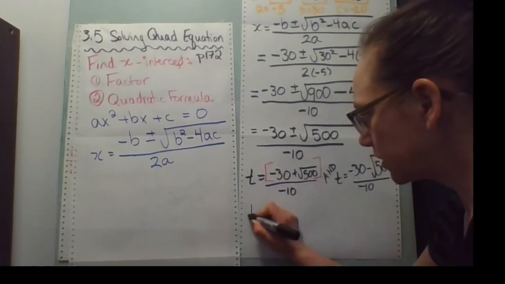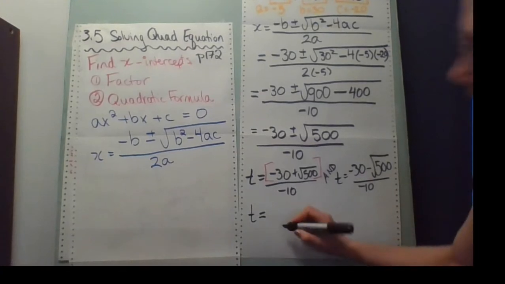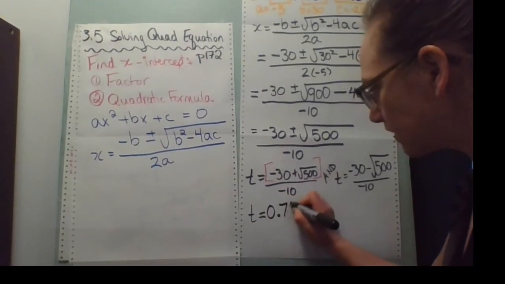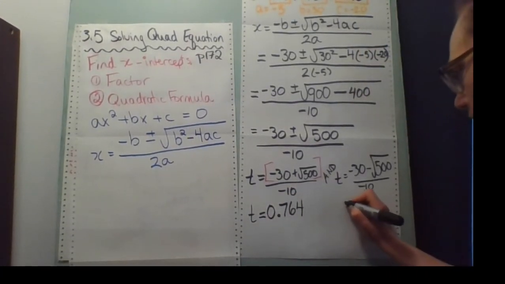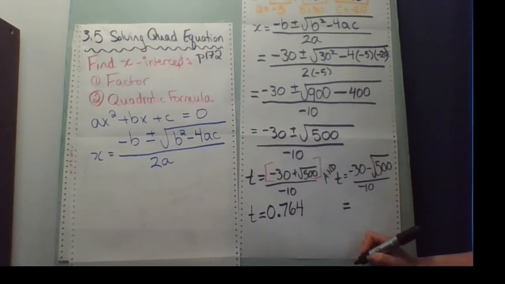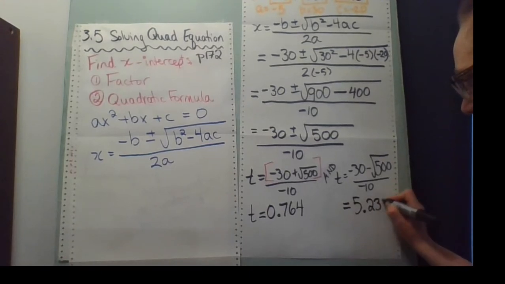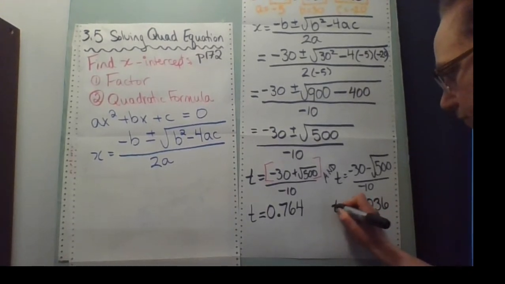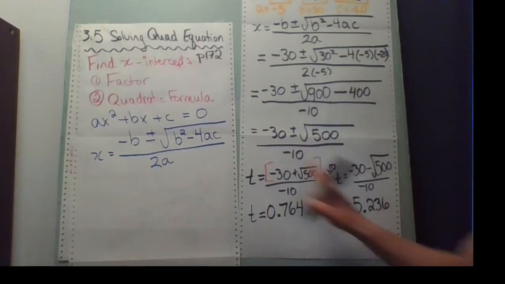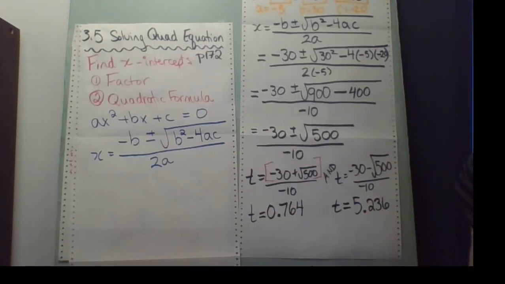Final answer, you should get a time of 0.764. And for my other scenario, I have a time of 5.236. So I have 2 times when my height is going to be 30.